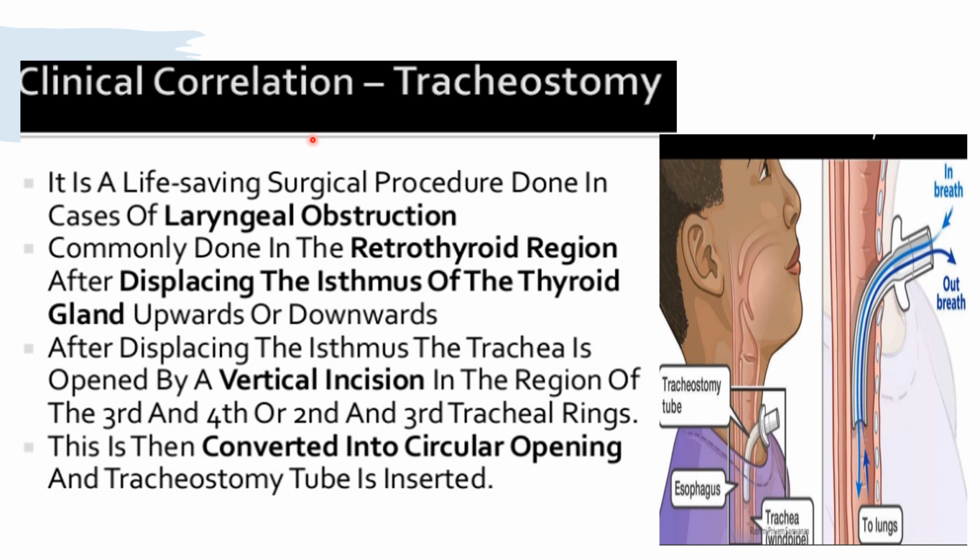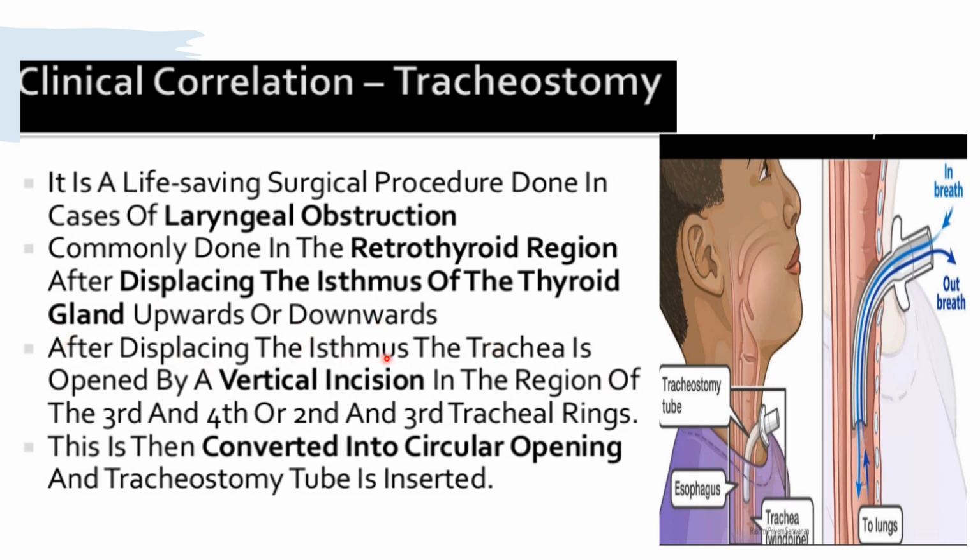Now coming to the clinical correlation, the tracheostomy. It is a life-saving surgical procedure done in cases of laryngeal obstruction. It is commonly done in the retrothyroid region after displacing the isthmus of the thyroid gland upwards or downwards.